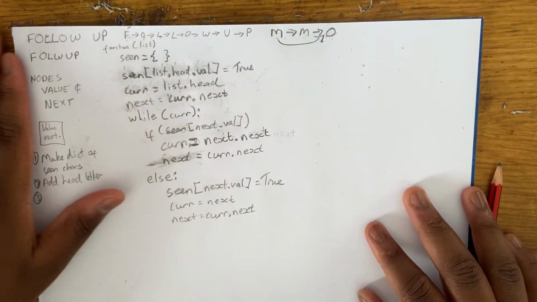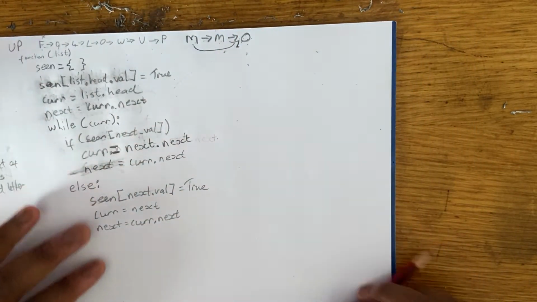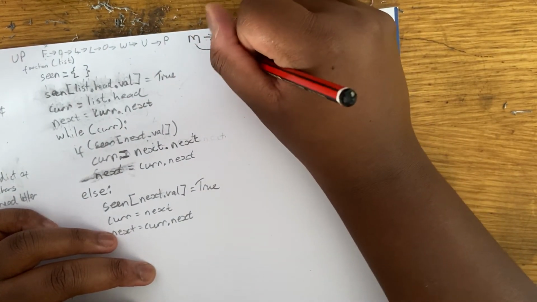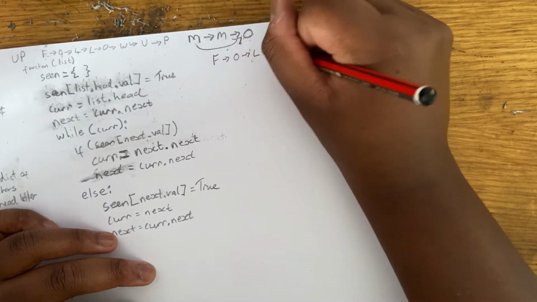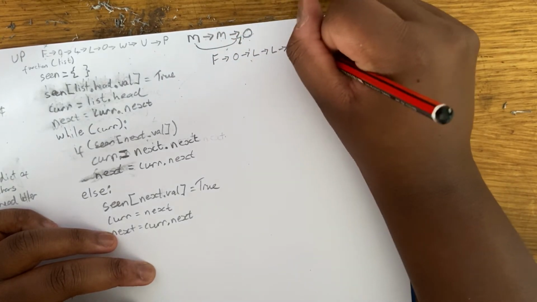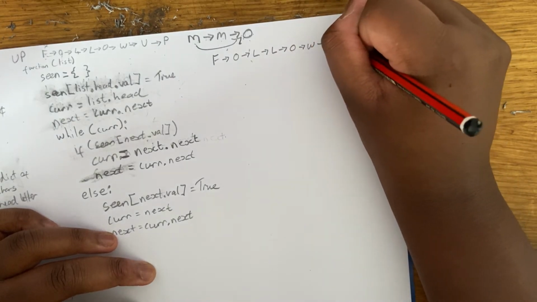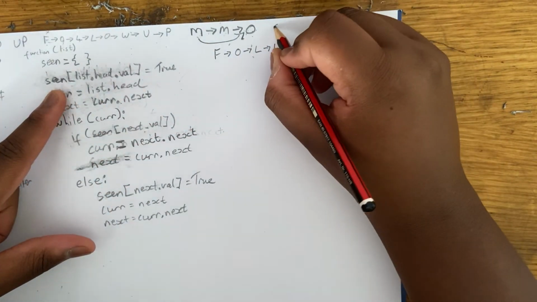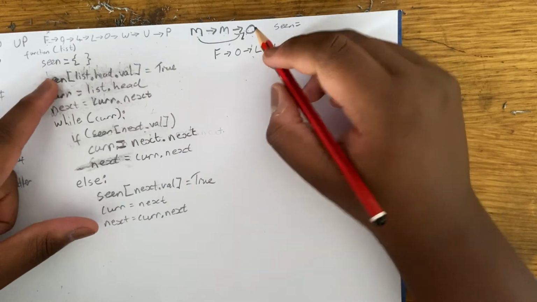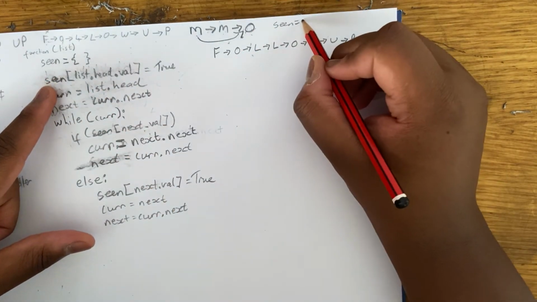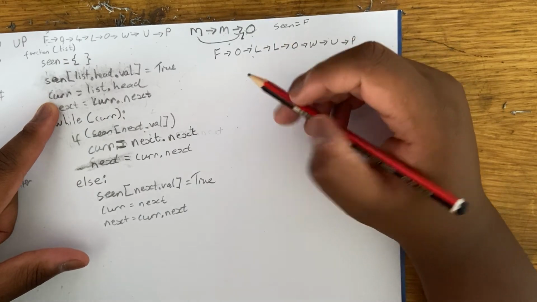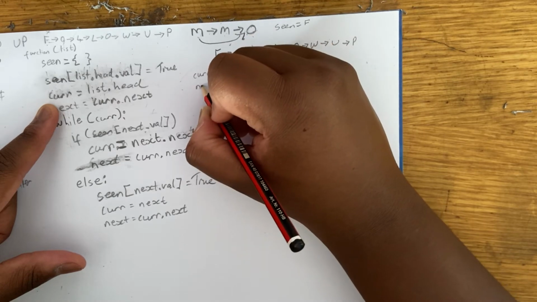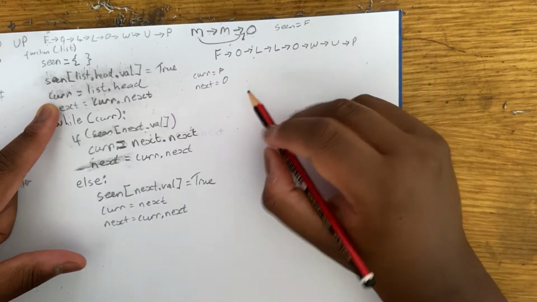Anyway, let's try this out with follow-up, F O L L O W U P. Okay, so initially seen is a set, and seen dot val is equal to F. Then let's do cur is equal to F, next is equal to O, right?